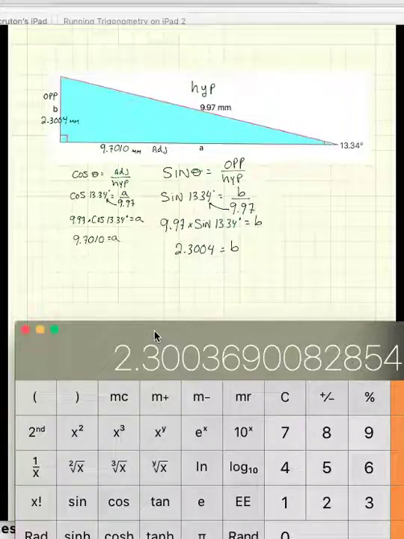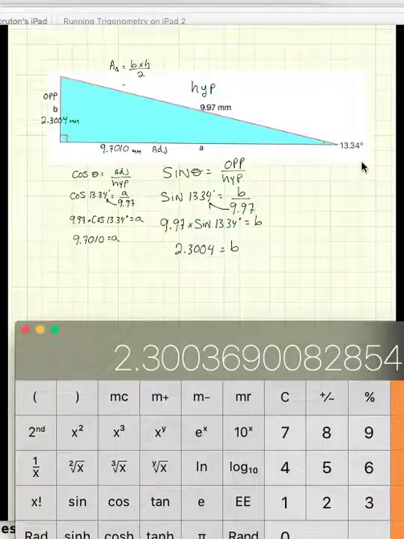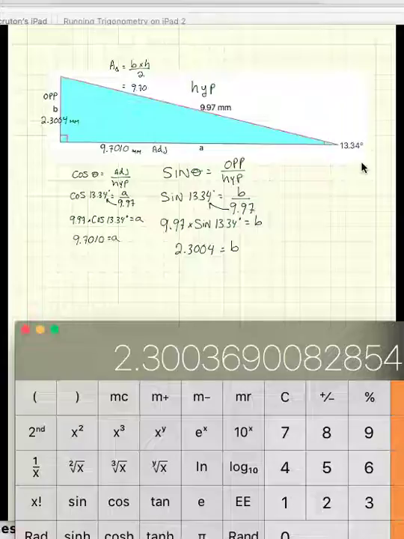All right, the area of a triangle is the base times the height divided by 2. Okay, so our base is our adjacent side. So 9.7010 times the height, which is 2.3004 millimeters, divided by 2.